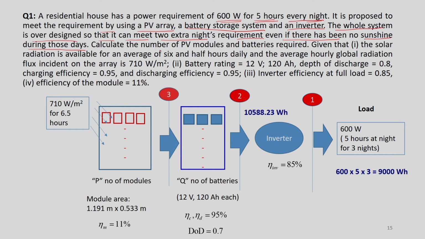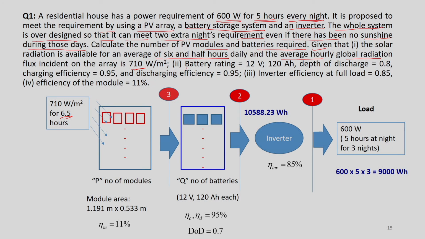Calculate the number of PV modules and batteries required, and some of the information is given, like solar radiation is available for an average of 6.5 hours daily, and the average hourly global radiation flux incident on the array is 710 watt per meter square.